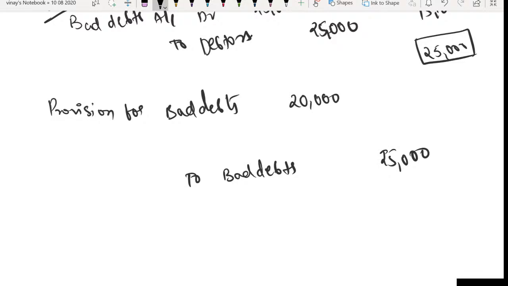But in the earlier years you already transferred for this bad debt: last year 15,000 and before that 5,000. So for this 25,000, you have already credited 20,000. But now when it comes to real, it became 25,000. So what should I do? Profit and loss account 5,000.